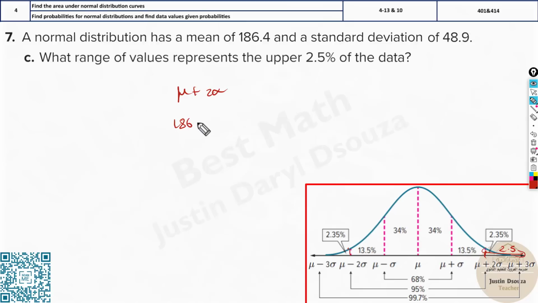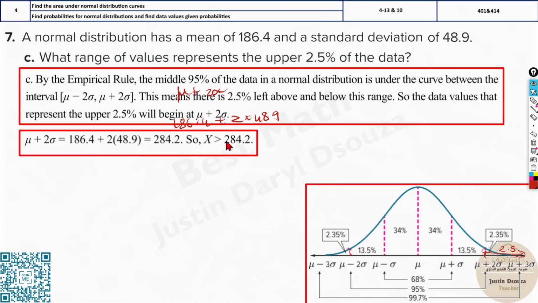It's 186.4 plus 2 times 48.9. Just put it in the calculator, you get the answer. Any value of 284.2 or more represents the upper 2.5%.